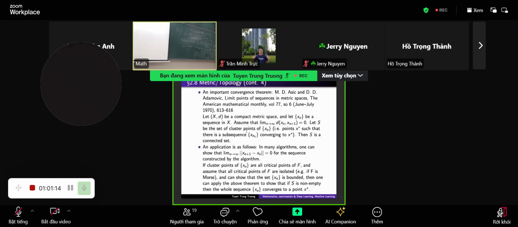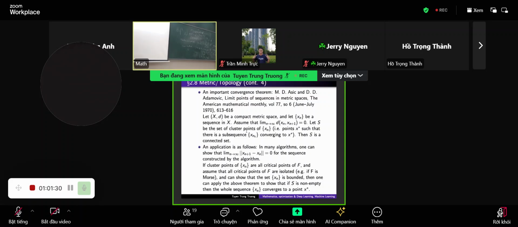So you just take X to be this sub-level set, and you can apply this theorem because this set is compact. Then the set of cluster points of x_n must be connected.